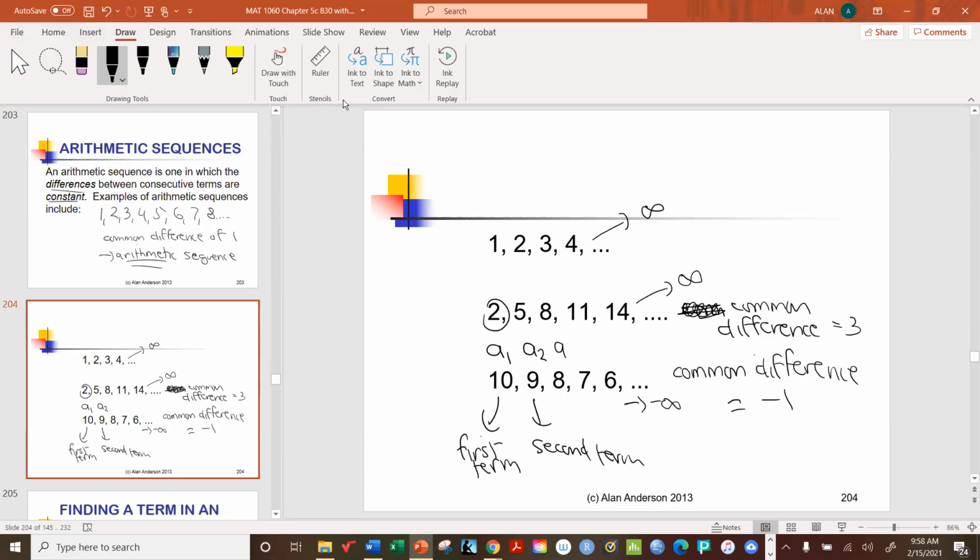This will be, of course, A3, A4, A5, all the way up. If I wanted to know the identity of, let's say, the 100th term, I could write them all out, but that could take a while. It turns out there's a formula that will let me do that directly. And that's what we're going to do next.